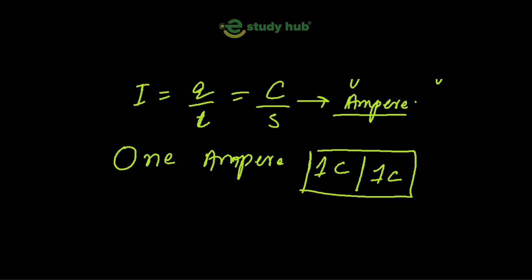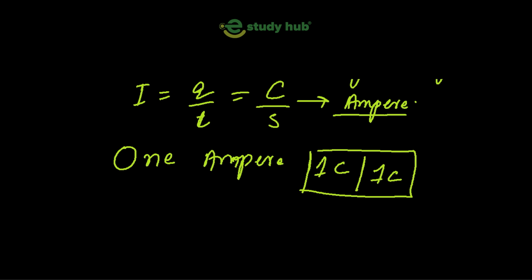You cannot specify a cross-sectional area; it is just for your understanding. You can simply say that when 1 coulomb charge flows in 1 second, the current is said to be 1 ampere. This is the basic definition of 1 ampere.